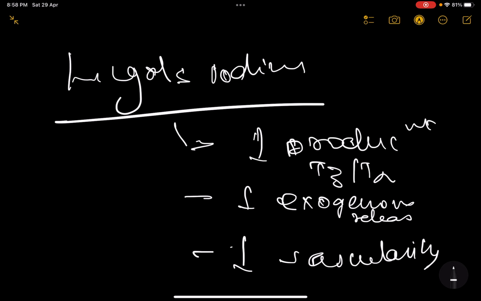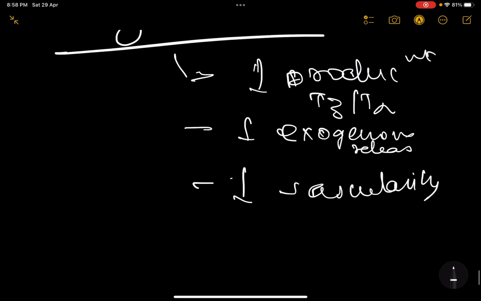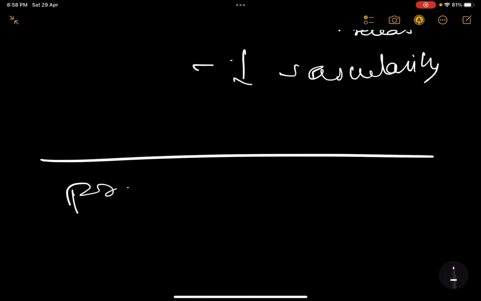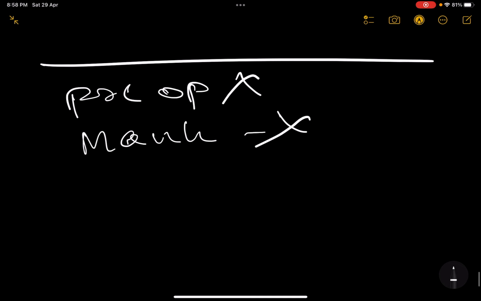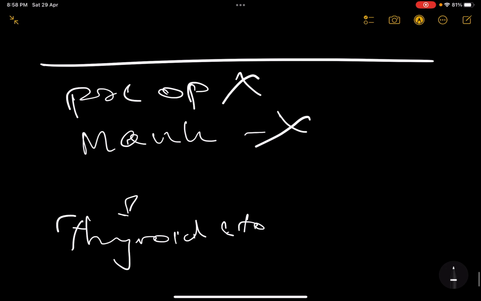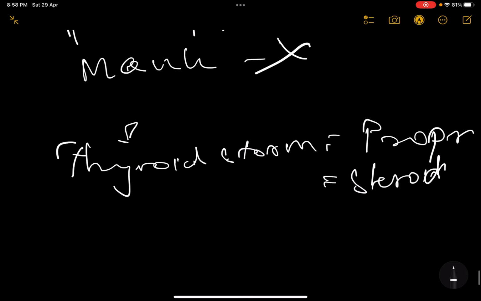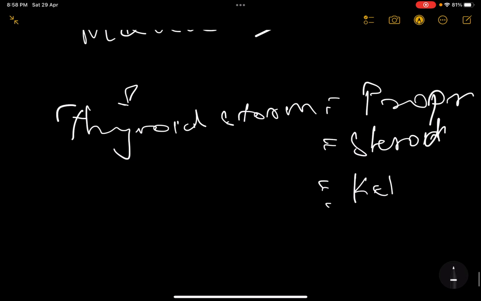So let's talk about what you should do if there is a thyroid storm. Let's say the pre-op evaluation fails, or there is any manhandling of the thyroid gland during surgery. So there is going to be a thyroid storm. What do you do? First, propranolol. Give steroids. Put the patient on steroids ASAP.